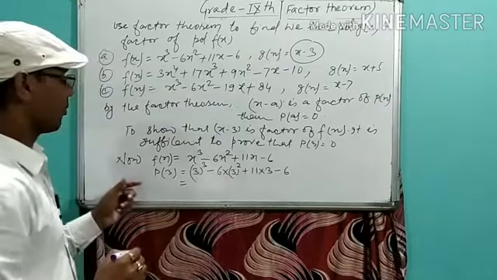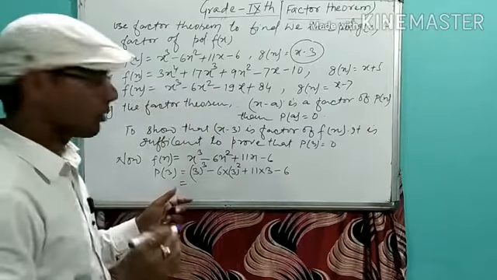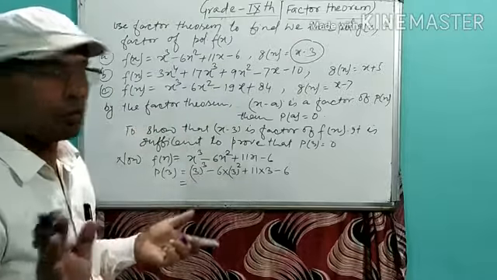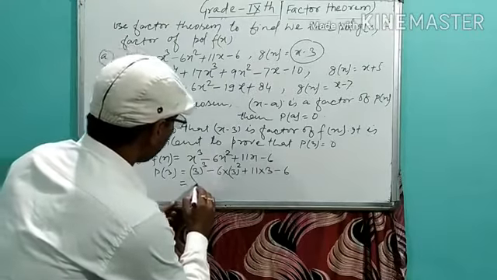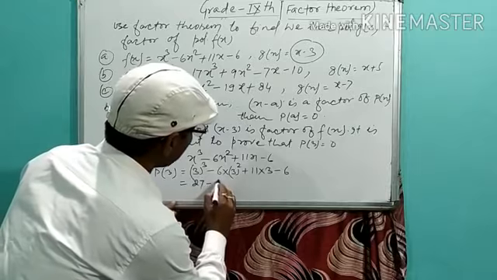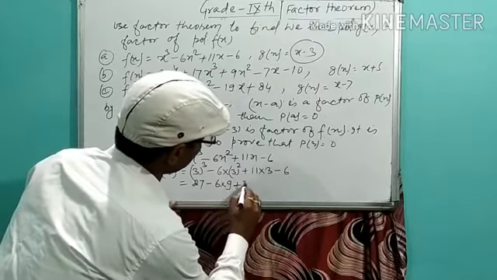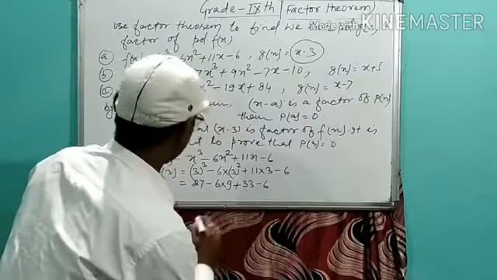I want to see whether P(3) is equal to 0 or not. 27, 6 into 3 square, 3 times 3 is 9, 6 times 9 is 54, 11 times 3 is 33 minus 6.